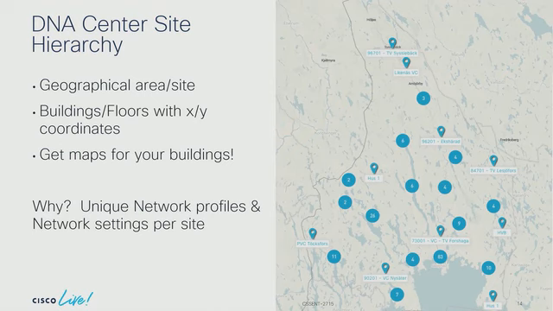It could be based on geographical areas, or depending on your customers or sites, that you make groups, and then you have a hierarchy. Depending on those groups, you can add your unique network profiles and the network settings per site. And that's really helpful when you're implementing SDA or adding WLAN profiles and so on.